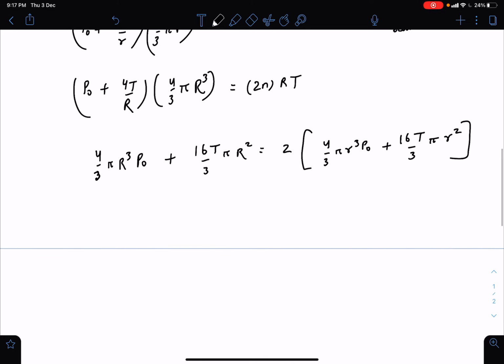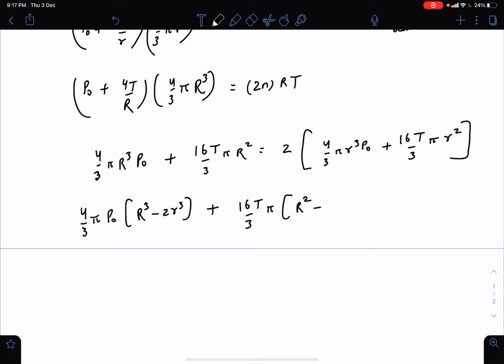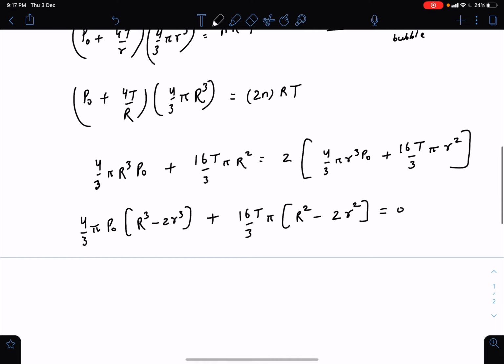So let us bring the things on one side. So we get 4 by 3 pi and P naught is also there. We get capital R cube minus 2r cube, and here we get plus 16T by 3 pi, capital R square minus 2r square is equal to 0.